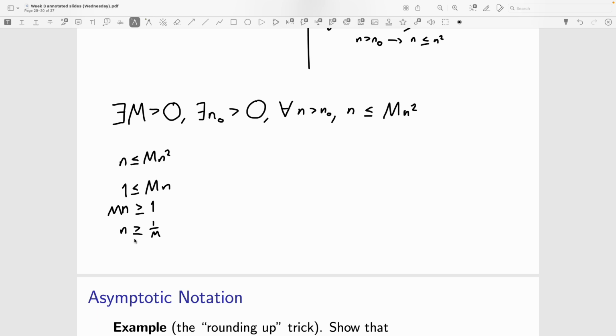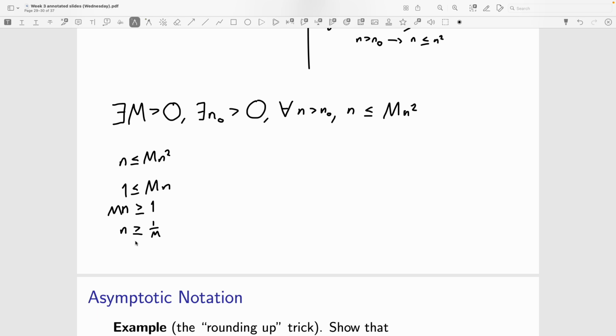With this inequality, we now have a really good idea of what to put for n naught. We'll just say it's 1 over m plus 1. We add 1 just to ensure that n is strictly greater than that rather than greater than or equal to that.